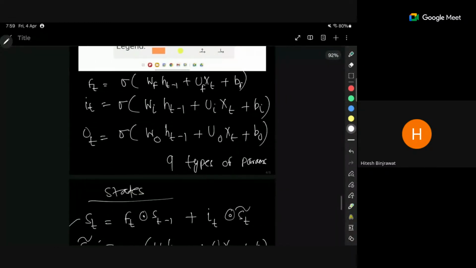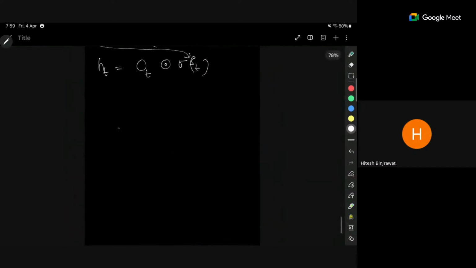Now there is one thing we can understand from this: WF, WI, WO, UF, UI, UO, and BF, BI, BO. The dimensions of these W's are going to be equal, and the dimensions of the U's and the BF, BI and BO are also going to be equal.